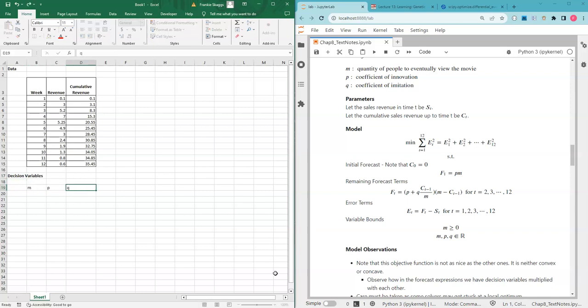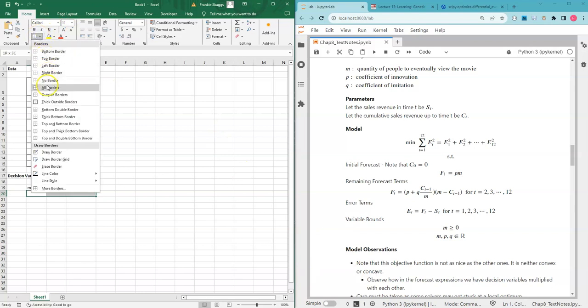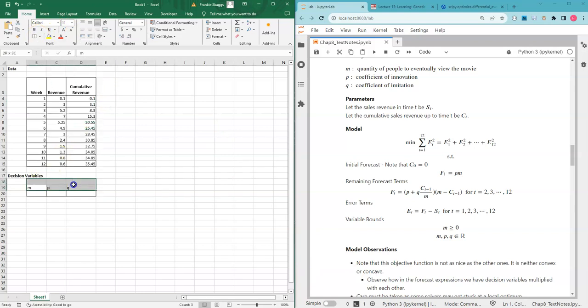We have M, P, and Q as the decision variables here. I'll make those a little gray. We'll also have an objective function that we're going to try to minimize, some squared error term here. And then we'll have our typical constraints down here.